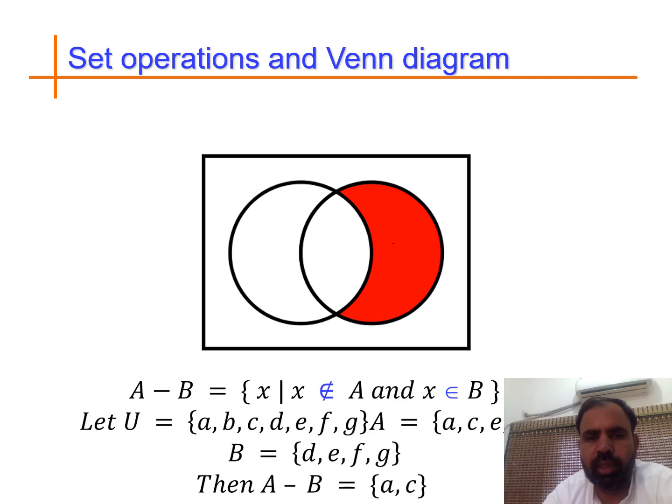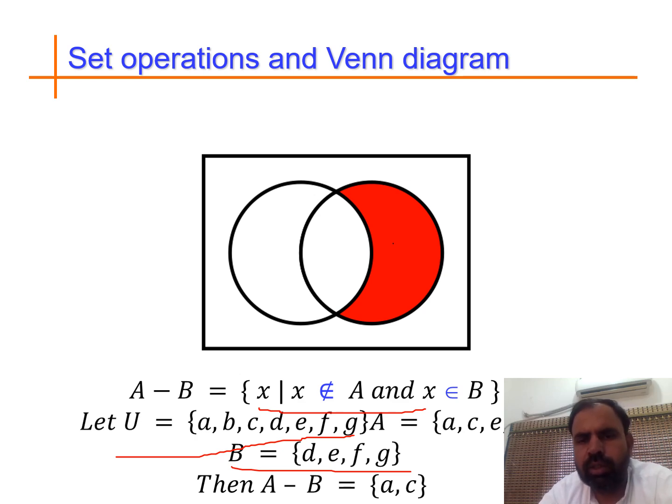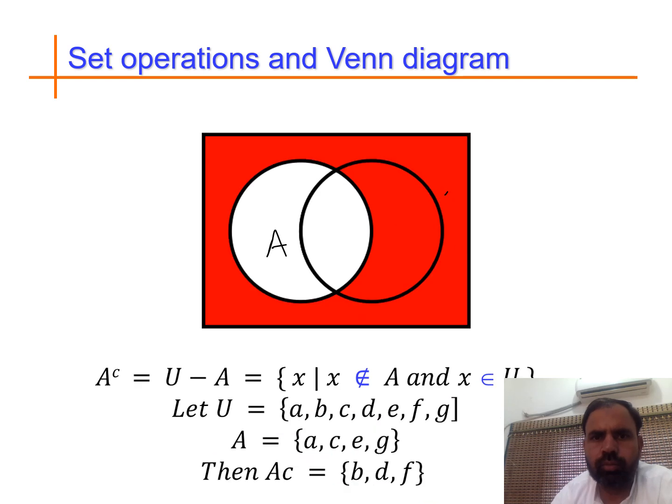You can write A minus B is equal to the set X such that X belongs to A and X doesn't belong to B. Let U be A, B, C, D, E, F, and A is equal to A, C, E and F, and B is equal to D, E, F and G. Then for A minus B, we subtract from A all the elements that are in B, keeping those that are not in B. So these are A, C. This is the set operation on a Venn diagram.